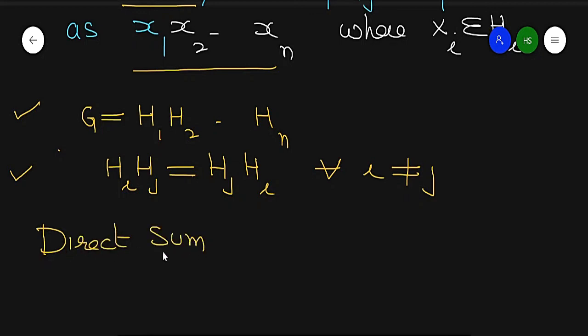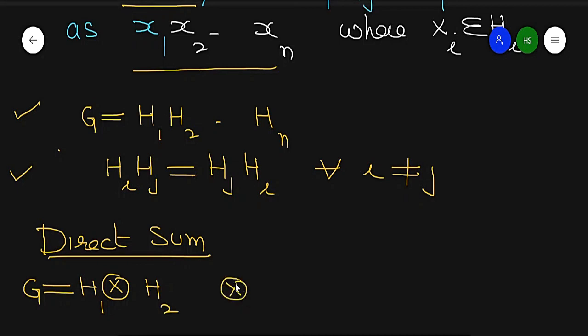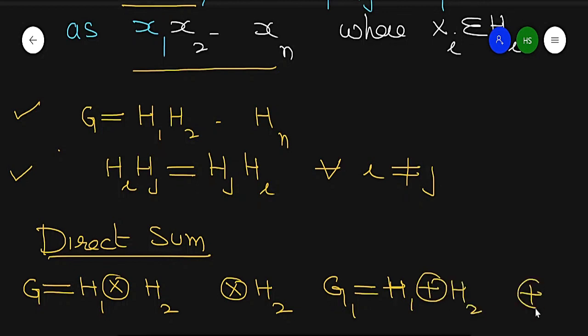So the direct product can be written as G equals H1 times H2 and so on, and the direct sum can be written as G equals H1 plus H2 and so on plus Hn.